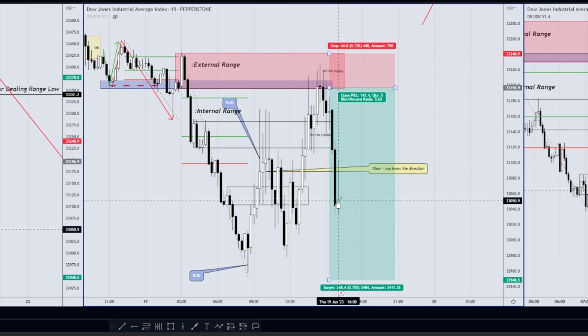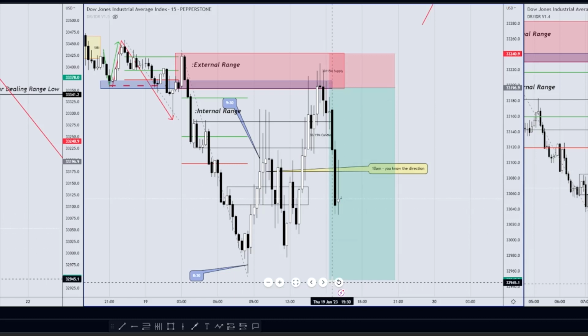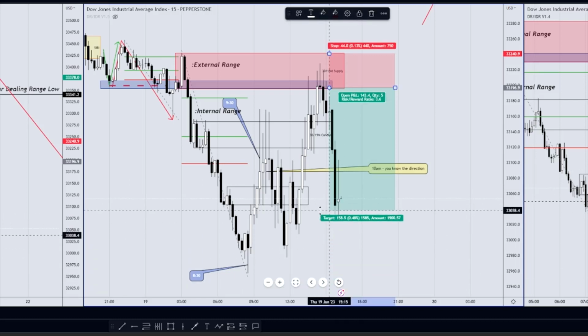Now price has come down to here. That's 3.6 to 1. So I'm about to close that trade out and take profit. And that puts me up for the day.